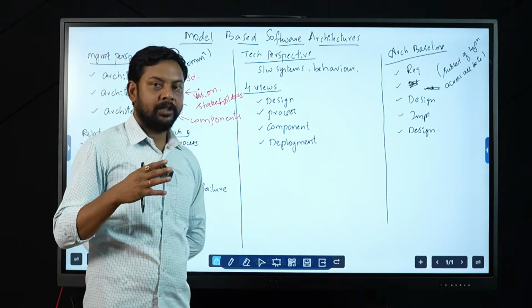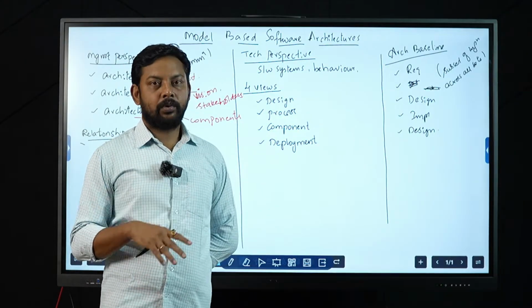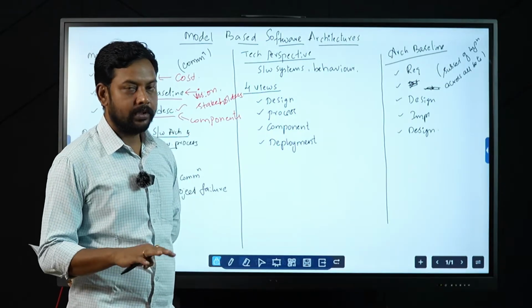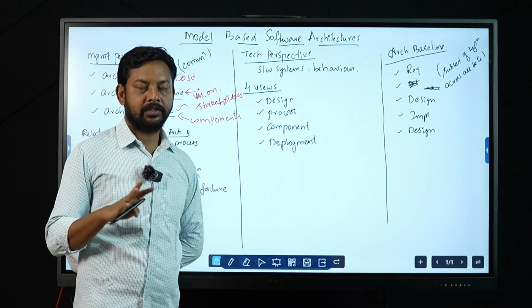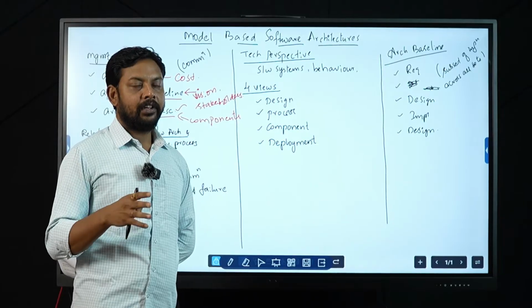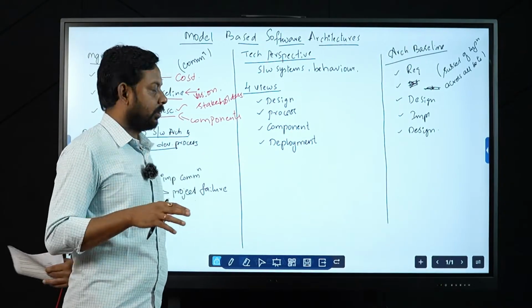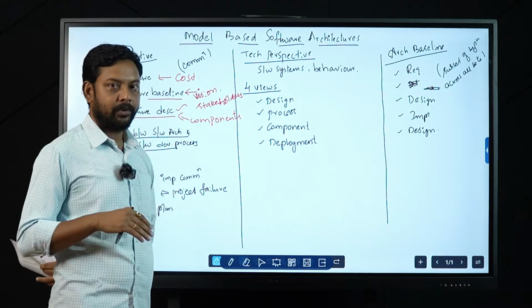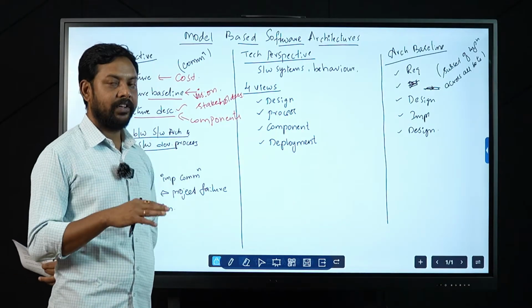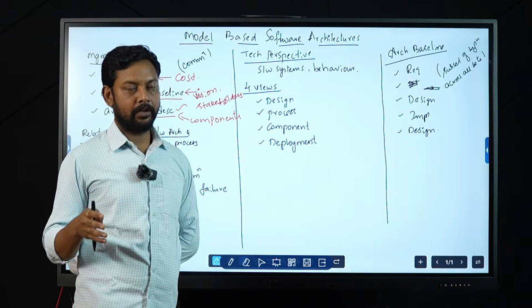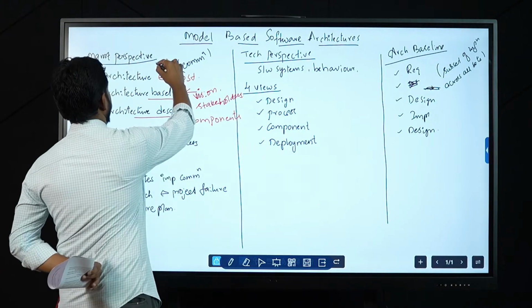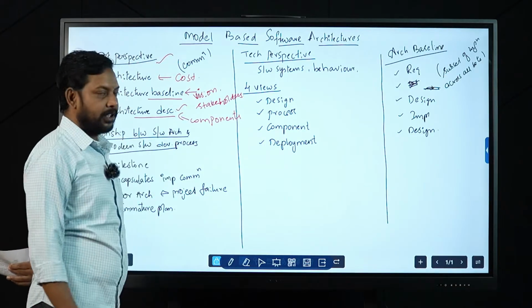So in terms of management, it is only focusing on what are the different tools that you are using, what is the cost associated with your project, and whether it is going to meet the expectations of the stakeholders or not. This is the complete perspective of your project and how the intercommunication between different parts of your project is going on. That is also a major point in your management perspective.